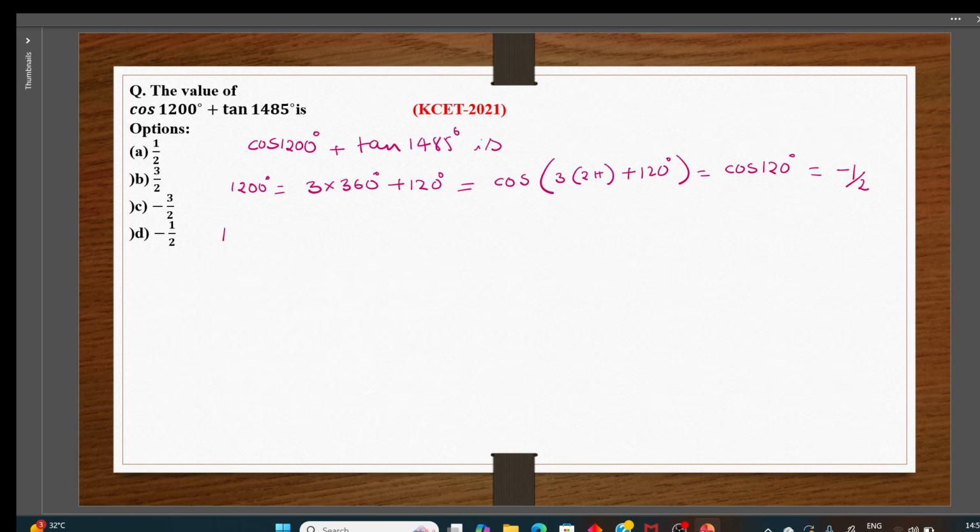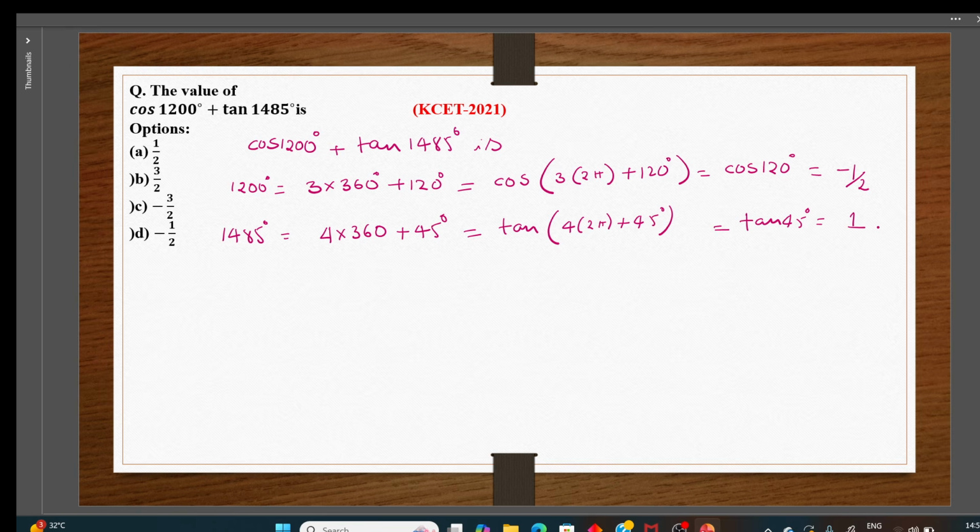Now, in the same way, find 1485 degrees. 1485 degrees can be written as 4 into 360 degrees plus 45 degrees. So 4 into 360 degrees in the tan function: tan of 4 into 2 pi plus 45 degrees is equal to tan 45 degrees.